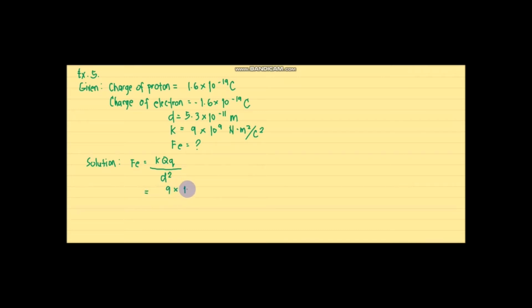Substituting the constant 9 times 10 to the 9 times the charge of proton 1.6 times 10 to negative 19 times the charge of the electron 1.6 times 10 to negative 19 divided by the separation distance, which should be in meter. We have 5.3 times 10 to negative 11 meter.